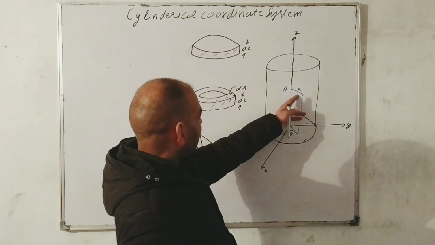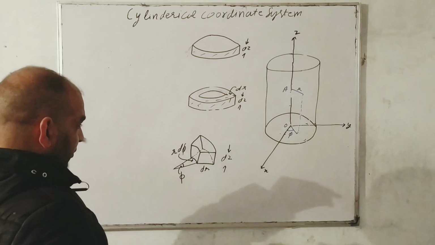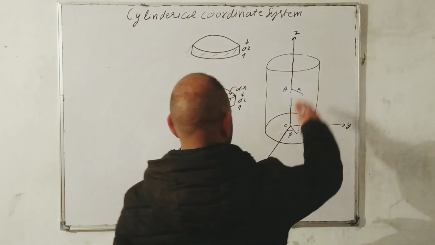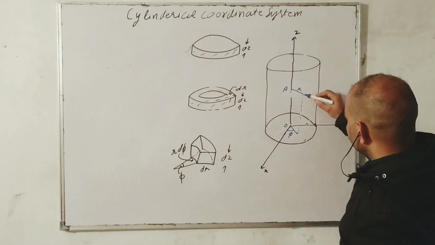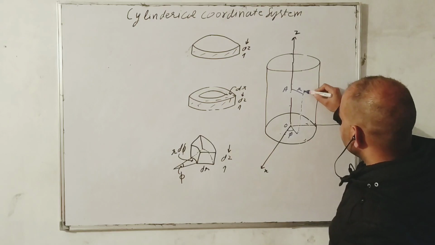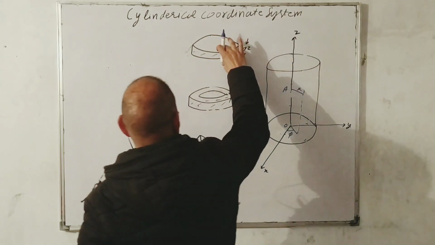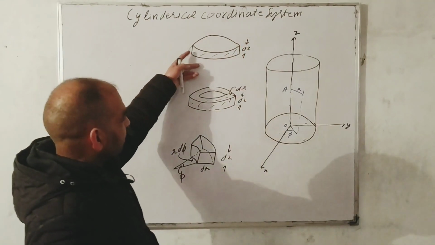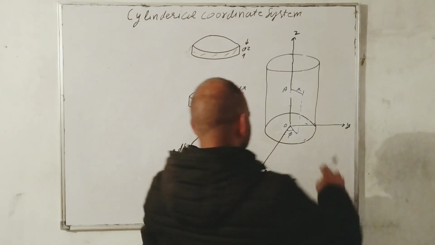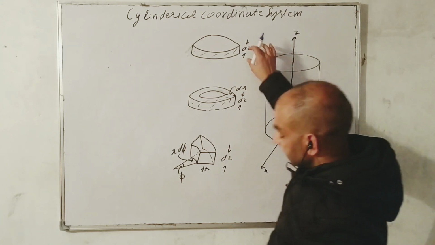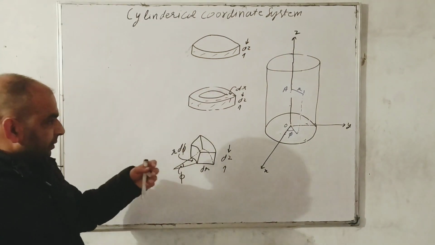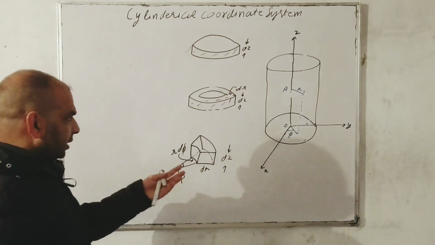At this particular point, if we make a small change along the z direction, it will be dz. I have drawn it here. So this is a small change in height, that is dz. Similarly, we will do a small change in another variable.